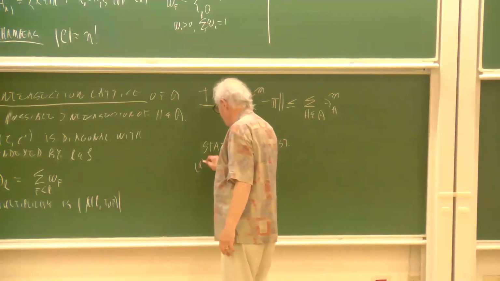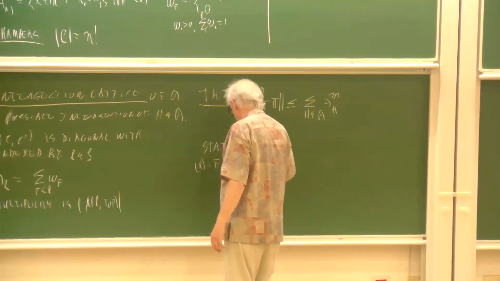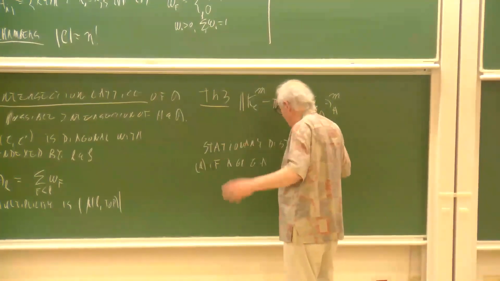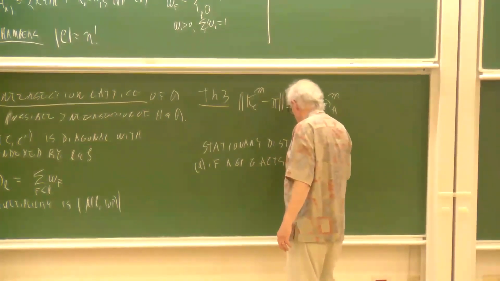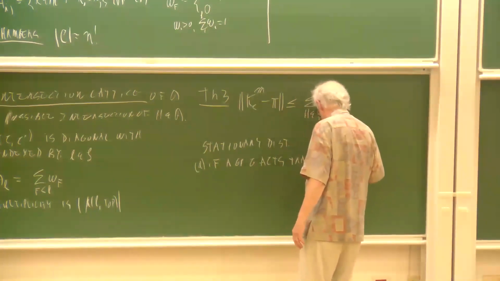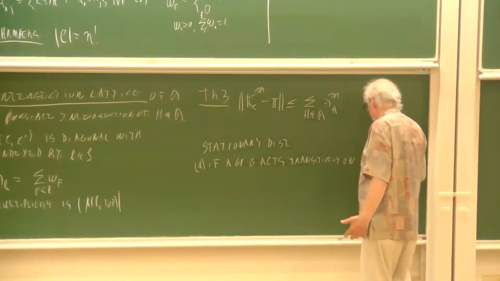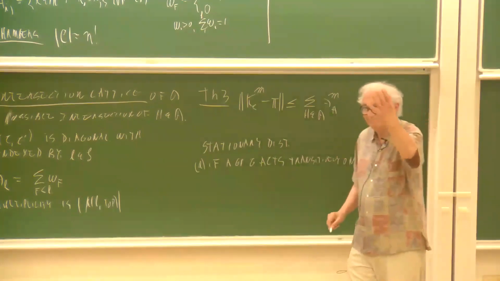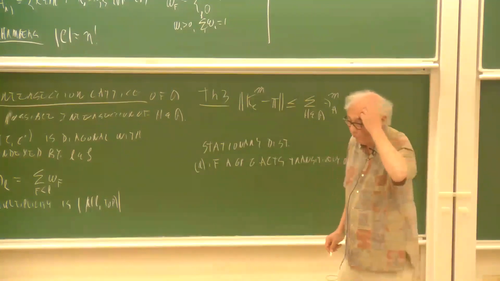The first thing to say is that if there's a group G that acts transitively on the arrangement, and acts transitively on the face weights on the arrangement, then the stationary distribution is uniform.